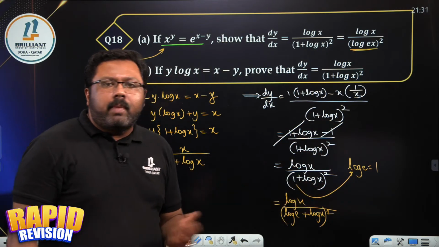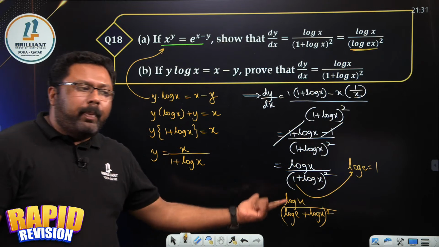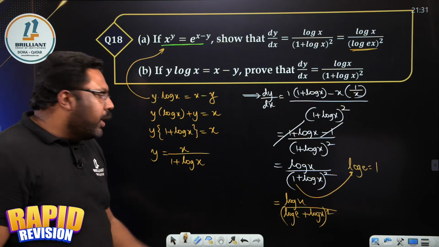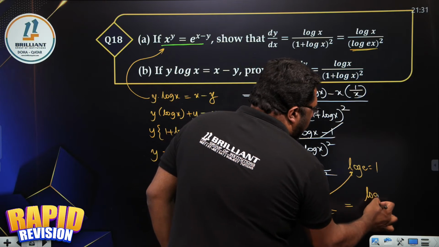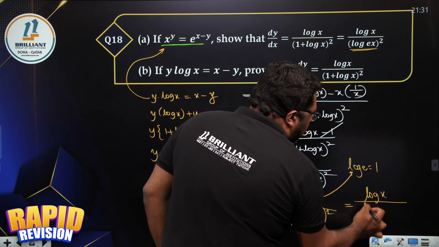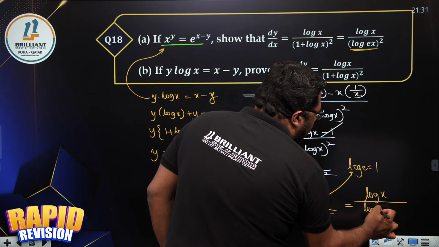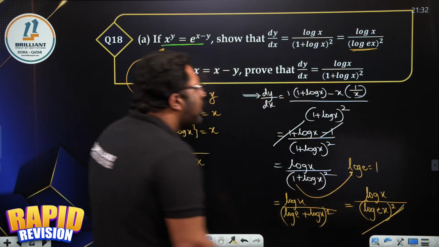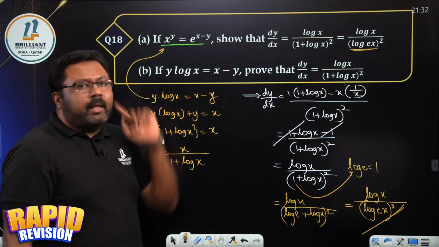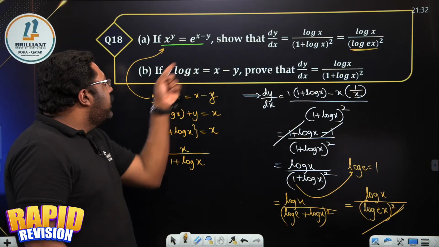Log a plus log b, the property of logarithm is log ab. So the answer, log x by log ex whole squared.